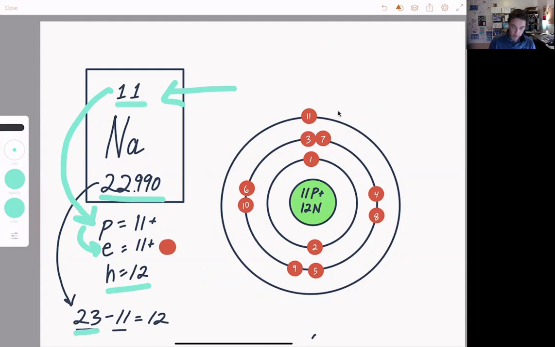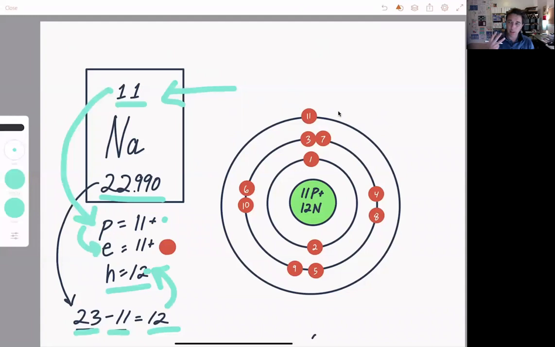Subtract the atomic number to get 12 neutrons. There you go, that's how that worked. Then we took this Bohr model and we drew the nucleus, which has 11 protons and 12 neutrons. And then we drew the shells around it. We know it's in the third row on the periodic table, so we'll draw 3 shells.